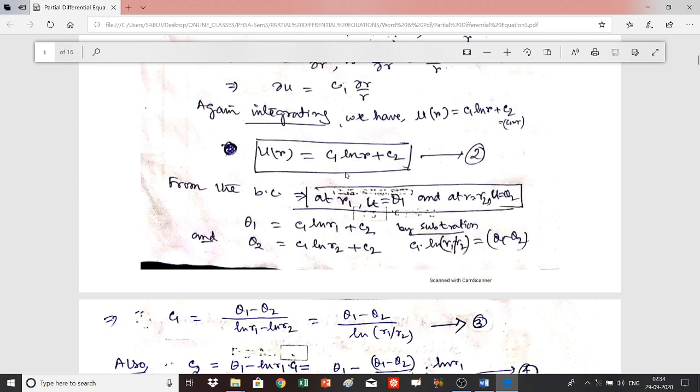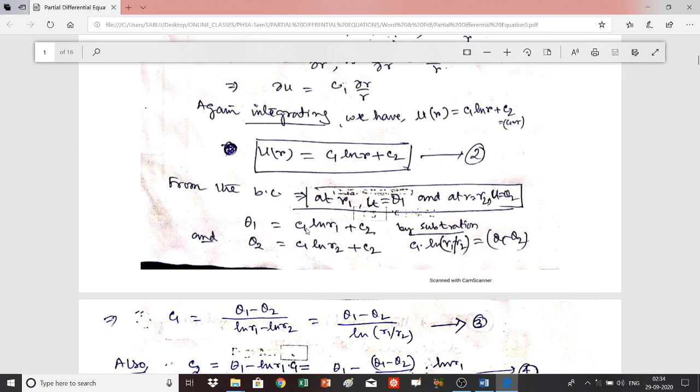So from this relation you can readily write theta 1 is equal to C1 log R1 plus C2 and theta 2 is equal to C1 log R2 plus C2, just using these boundary conditions. Now subtracting the second one from the first one, we get theta 1 minus theta 2, and C2 will cancel.